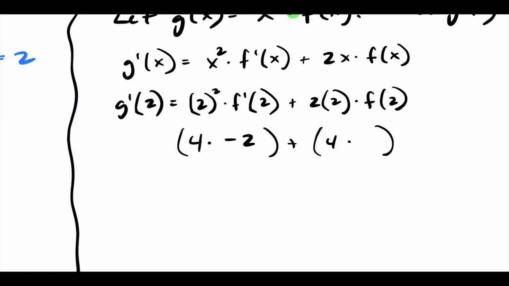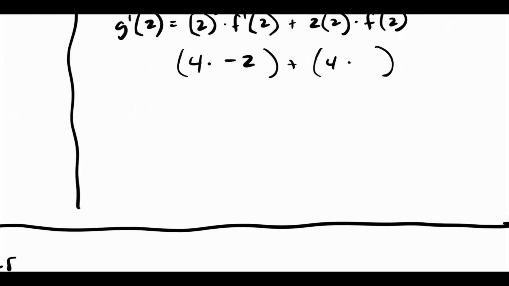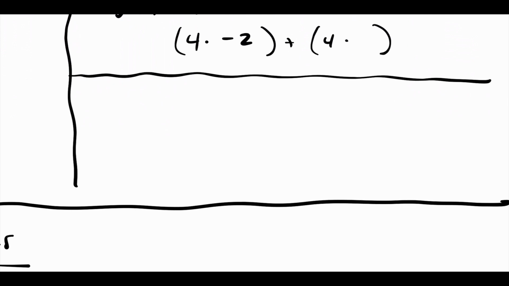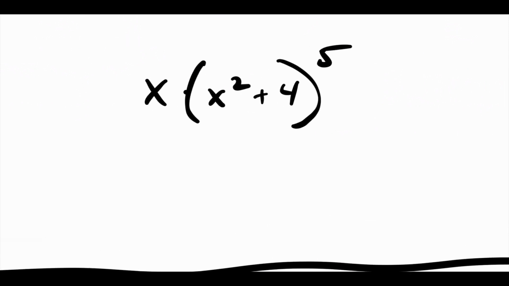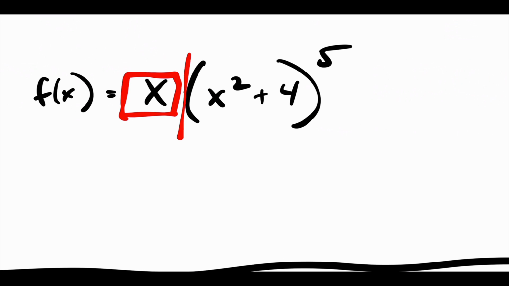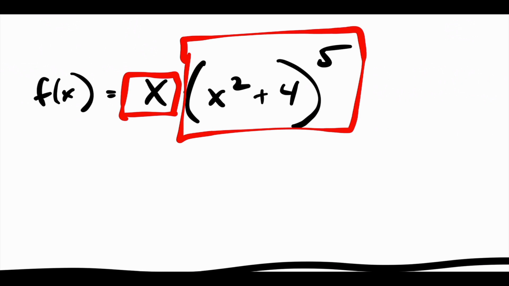I think there was a question like this on a quiz or a test, with x times something as f of x, and the question was find the derivative. A lot of you were confused. How do I do this? Well, that's one guy, that's the other guy.